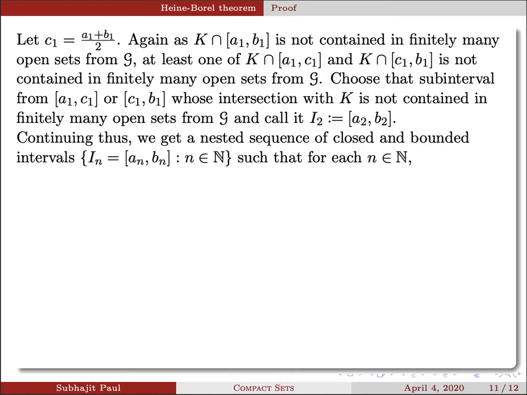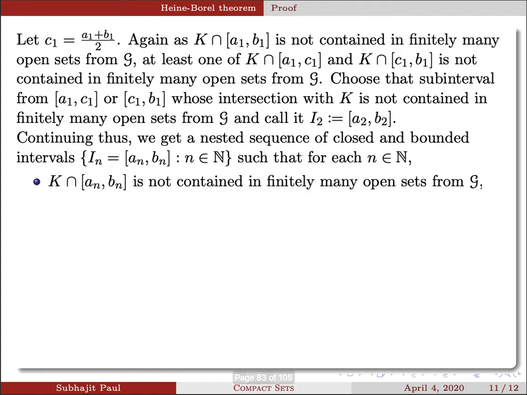Okay. Now continuing thus, we get a nested sequence of closed and bounded intervals In, which is An Bn, such that for every n, what we get? K intersection An Bn must not be contained in finitely many open sets from G. None of the K intersection An Bn is contained in finitely many open sets from G. Secondly, they are nested: I(n+1) is inside In.